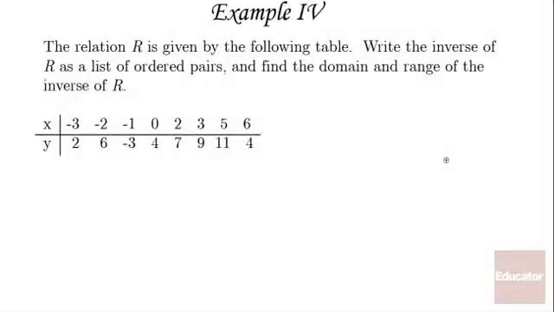Okay, in example 4, the relation R is given by the following table. Write the inverse of R as a list of ordered pairs. And find the domain and the range of the inverse of R. Remember the definition of the inverse of a relation.